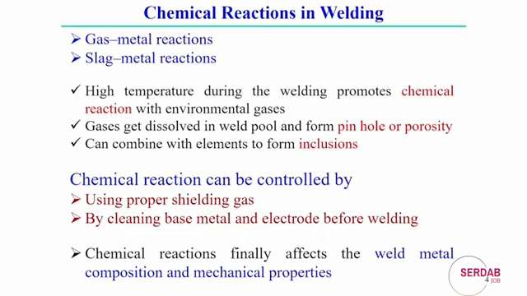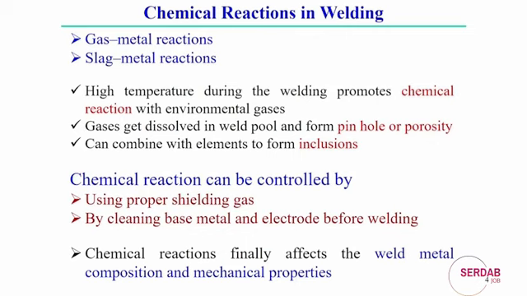So, the molten pool reacts with the surrounding atmosphere, because the tendency increases from room temperature to very high temperature. The gas can be entrapped and dissolved in the molten pool, and it can create porosity, holes or some other defects.